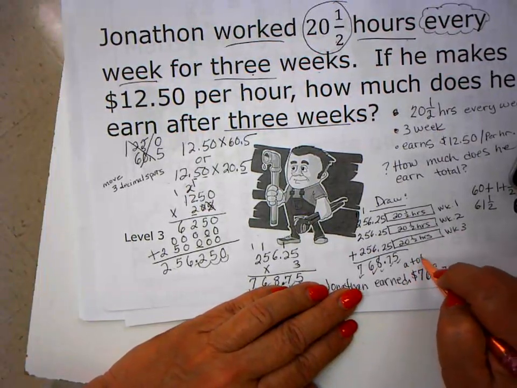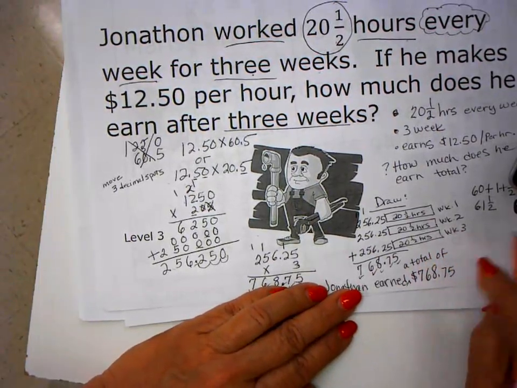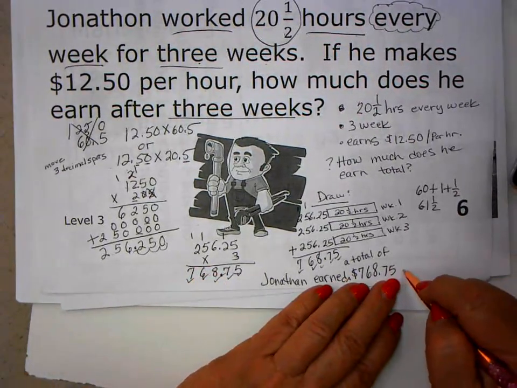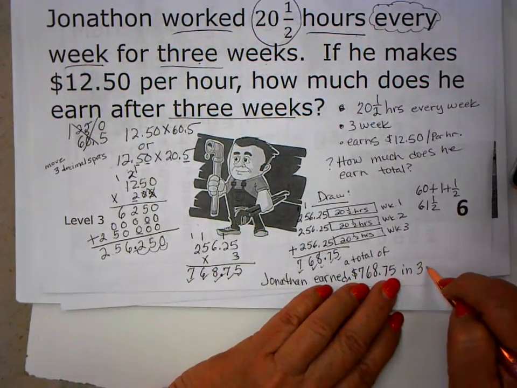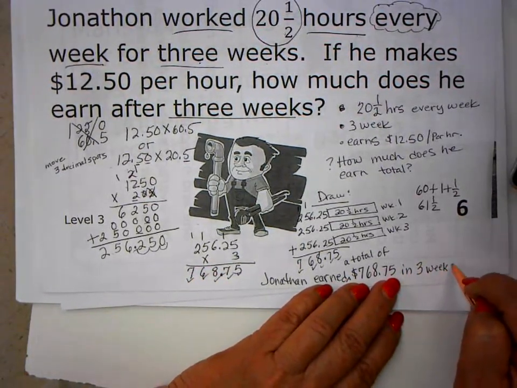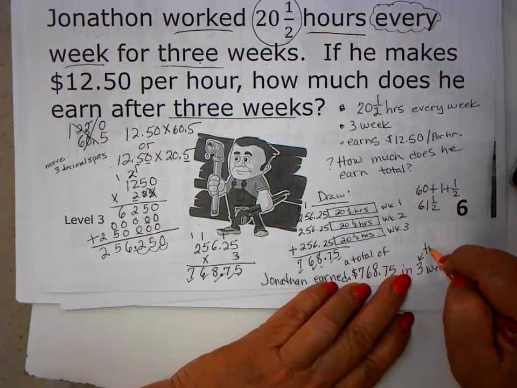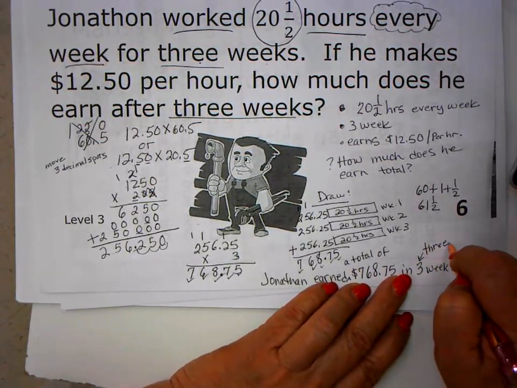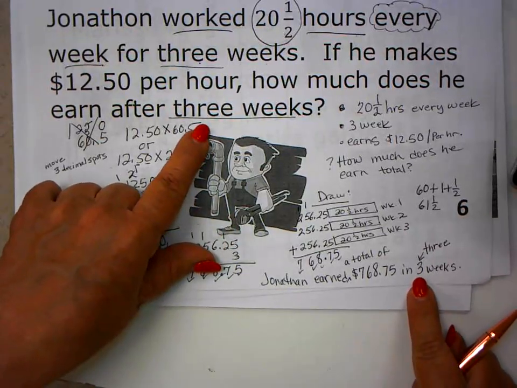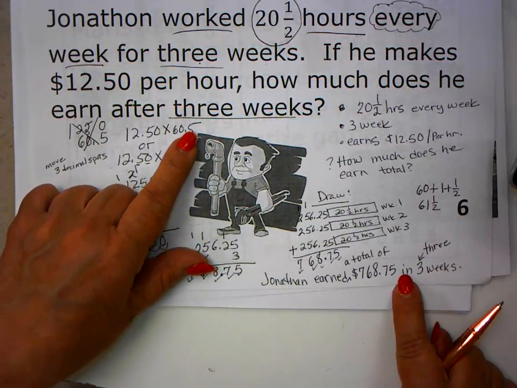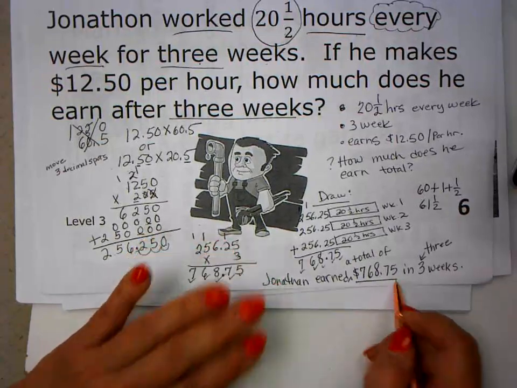A total of $768.75 in 3 weeks. I would normally spell out the word 3. It's THREE, so that you will know that that's what it means. Okay, I'm going to underline my answer.